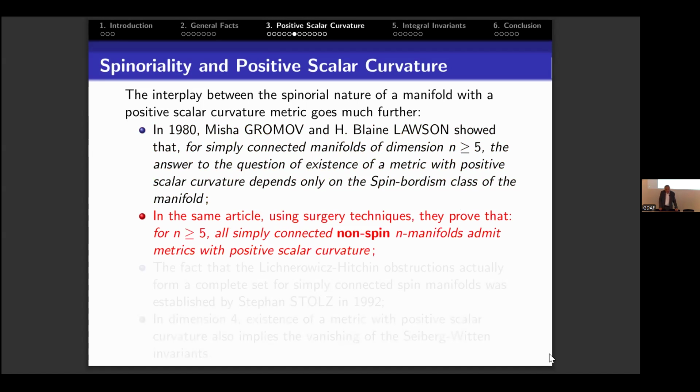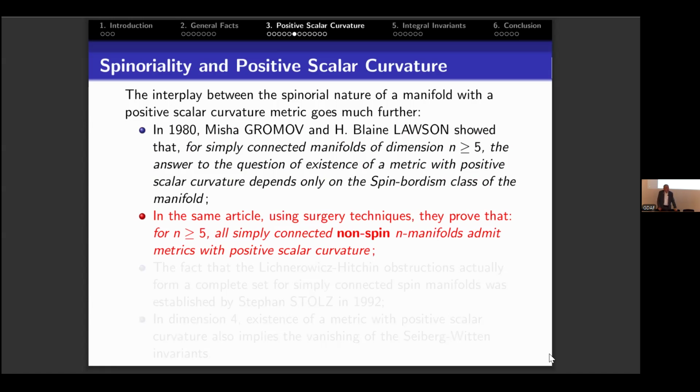In the same article, using so-called surgery techniques in codimension 3, they prove that, again in dimension at least 5, simply connected non-spin manifolds all admit metrics with positive scalar curvature.